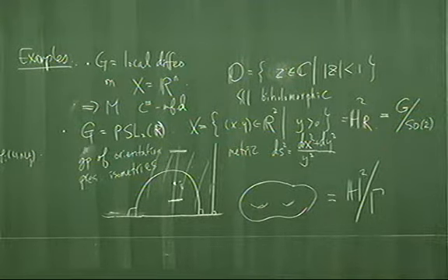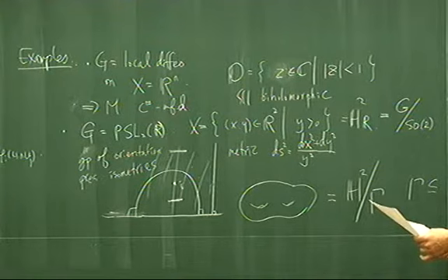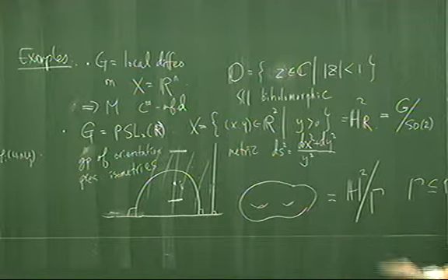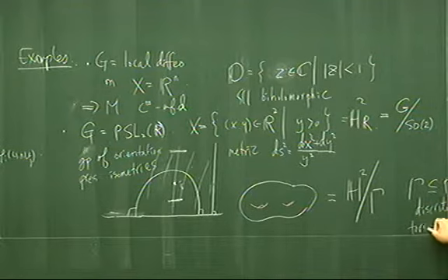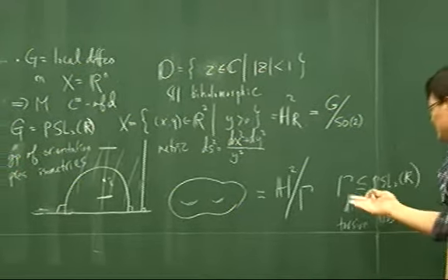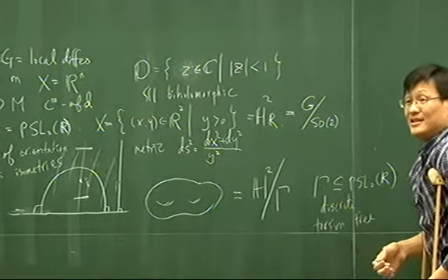And gamma is a discrete, torsion-free subgroup. Okay. In this case it's called the lattice.